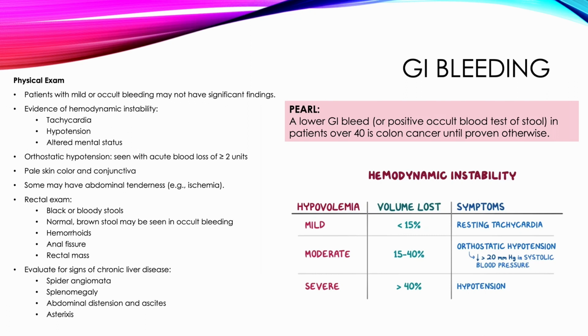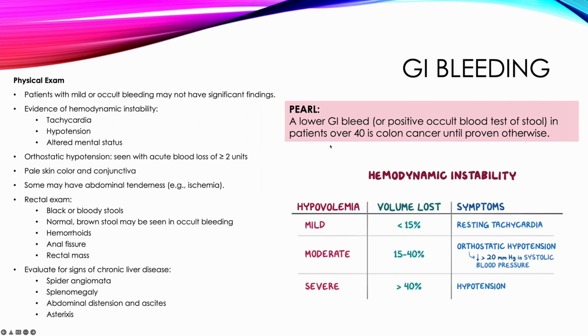And then, of course, in physical exam, we also want to look for signs of chronic liver failure, such as gynecomastia, spider angiomata, splenomegaly, asterixis from hepatic encephalopathy, ascites, distension, that kind of stuff. And again, like I mentioned before, a nice pearl to remember is that a lower GI bleed or even a positive occult blood test in the stool in a patient over 40 is colon cancer until proven otherwise. Very, very important to rule out cancer in these patients.